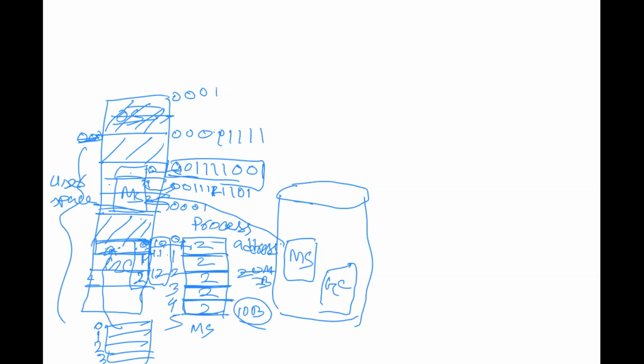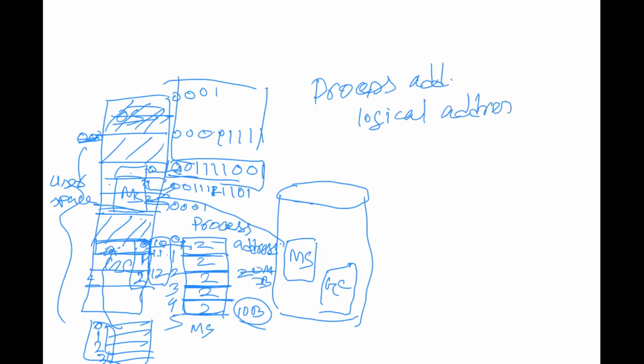So far you have to understand what the logical address and what the physical address is. The address in our RAM is called the physical address, and the address in our process is known as the logical address. Process address is called logical address.